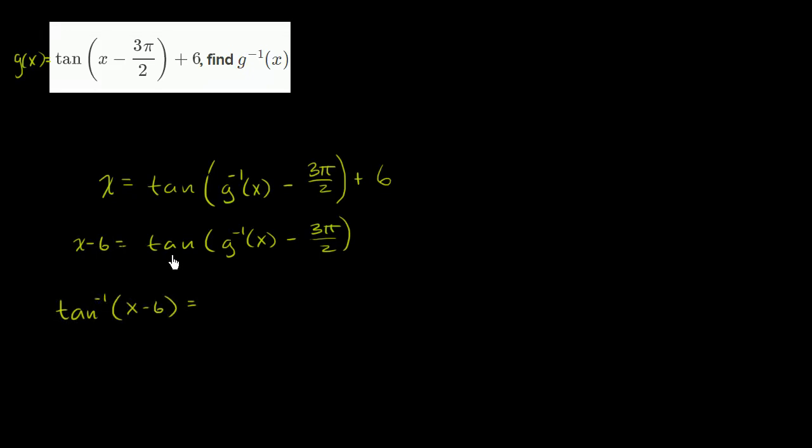And on the right-hand side, the inverse tangent of tangent, if we restrict the domain in the proper way, and we'll talk about that in a little bit, is just going to be what the input into the tangent function is. So if you restrict the domain in the right way, the inverse tangent of the tangent of something, say theta, is just going to be equal to theta.